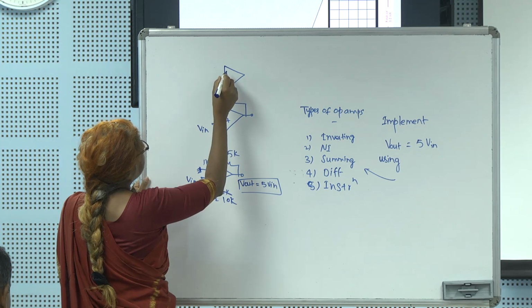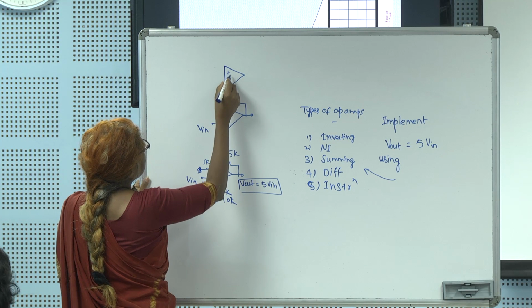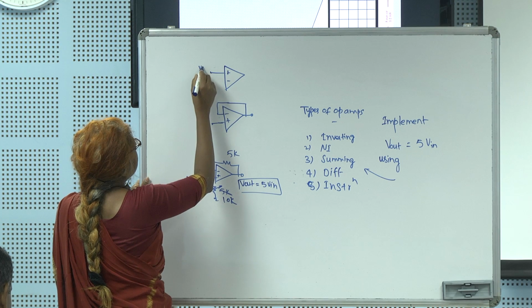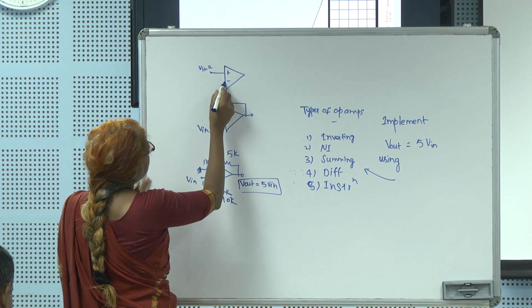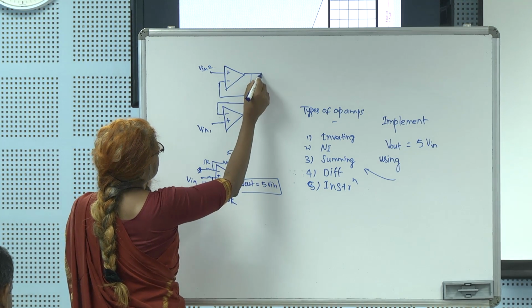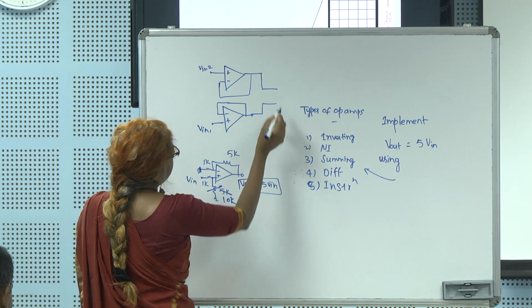So, V in 1, V in 2. Then comes the differential op-amp.